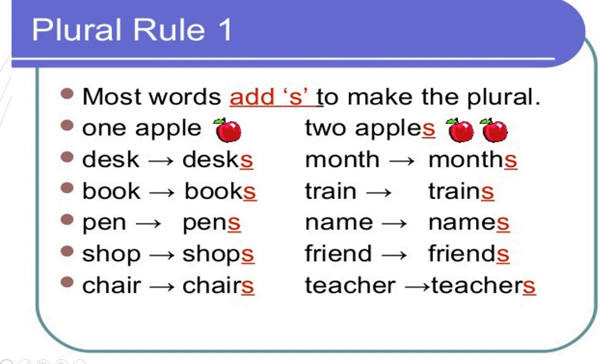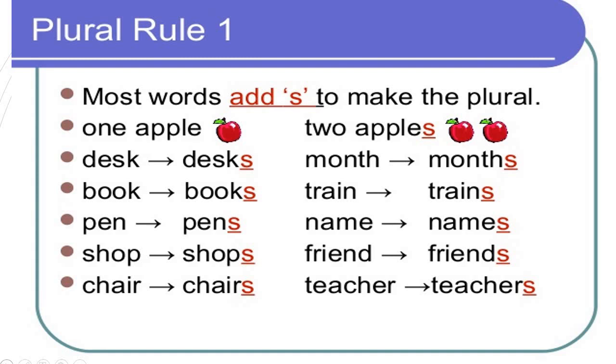Look at the first one. One apple. So, it is singular. On the other side, there are 2 apples. So, we want to pluralize the apple. Then we can add s and form the plural word apples.